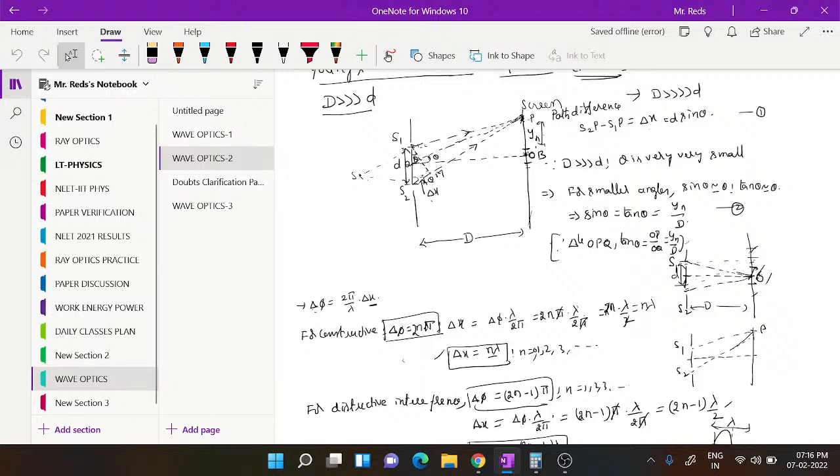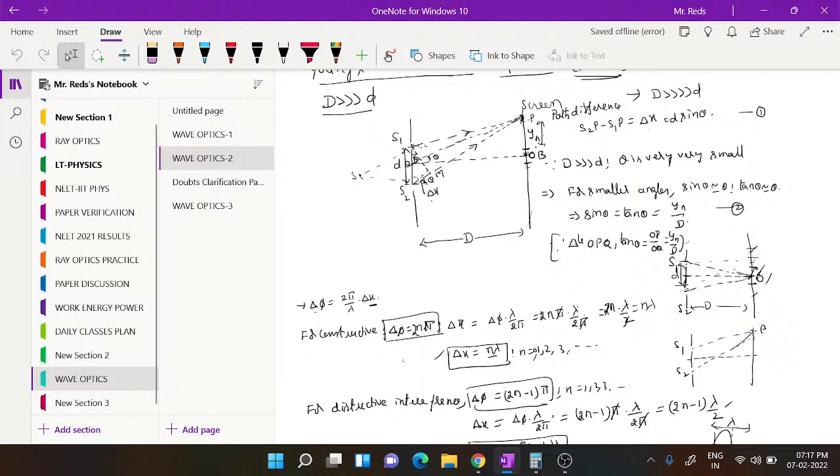So any color, from violet to red, indigo, blue or red, any color you use, the bright fringe will be at the middle point. For every color, the path difference at the center will be 0, and hence they will form a bright fringe of that particular color.